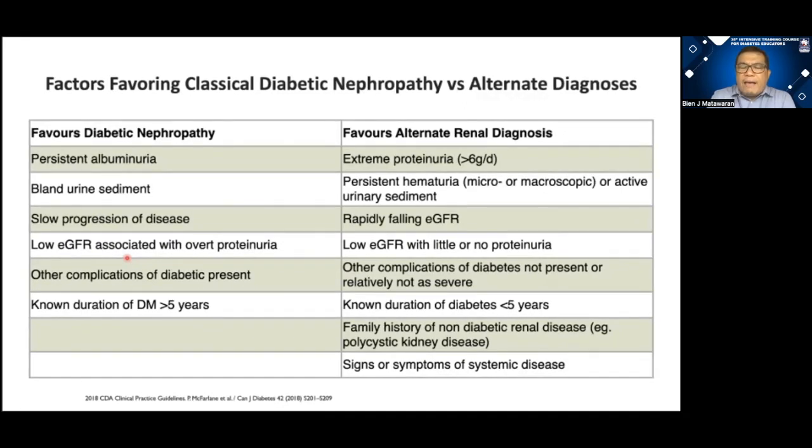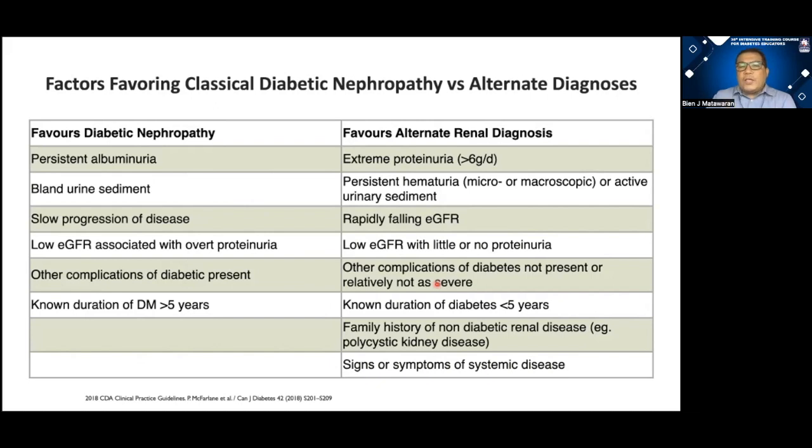Especially if you have patients with extreme proteinuria, persistent hematuria, rapidly progressive glomerulonephritis, a rapid fall in EGFR, or low EGFR with little or no proteinuria, think of another condition that may have caused the CKD.